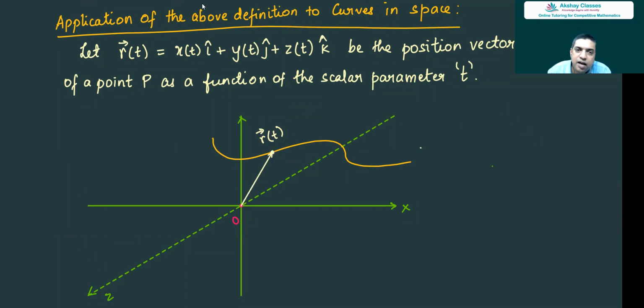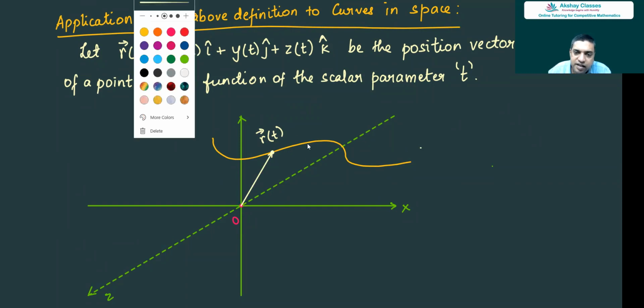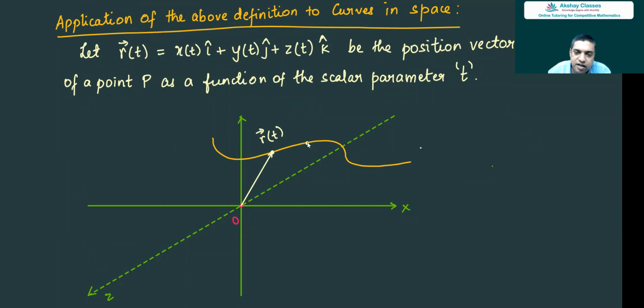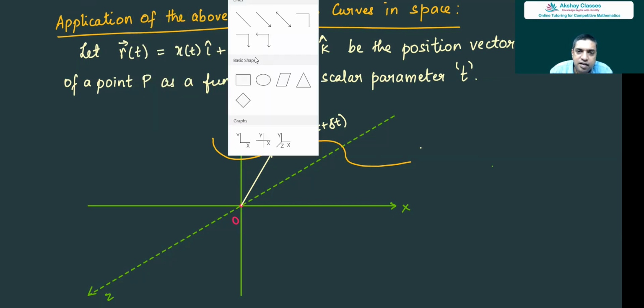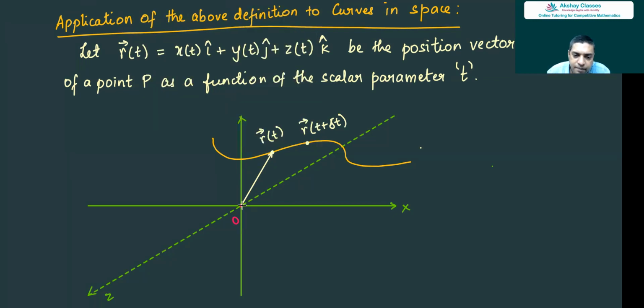Now at an instant t plus delta t, generally t is time, the parameter changes by delta t and the point just moves there. Actually delta t is so small that it is very close, but to draw the figure correctly, we are taking it a little away.